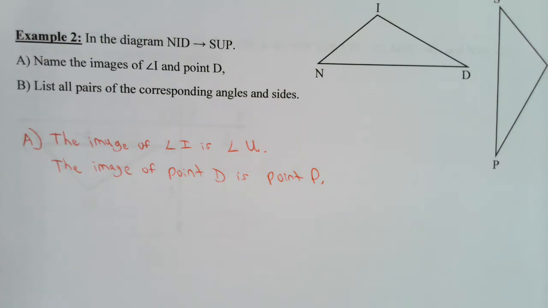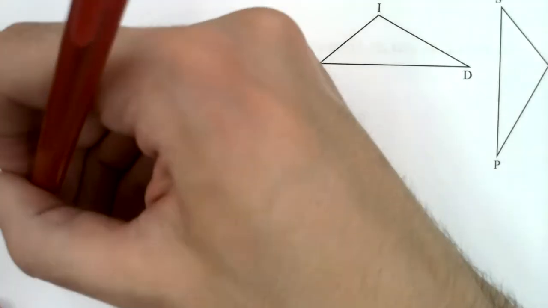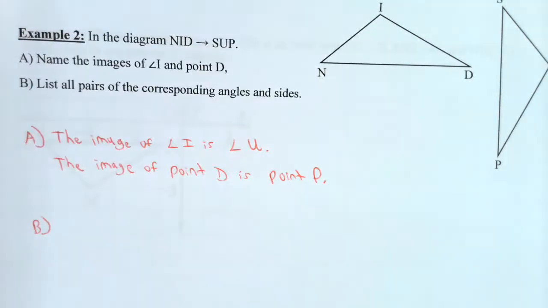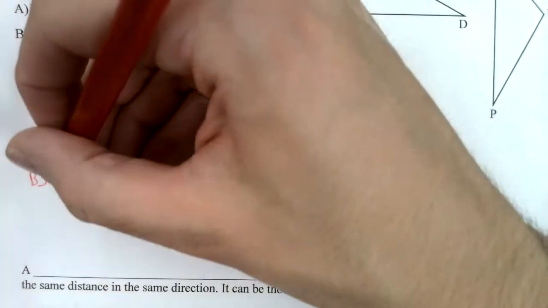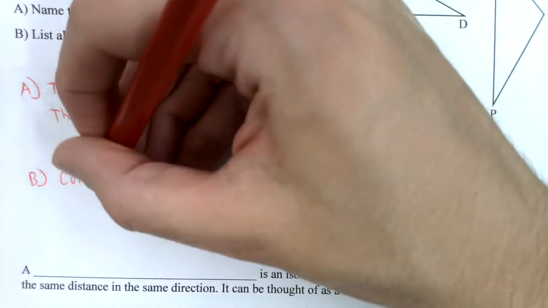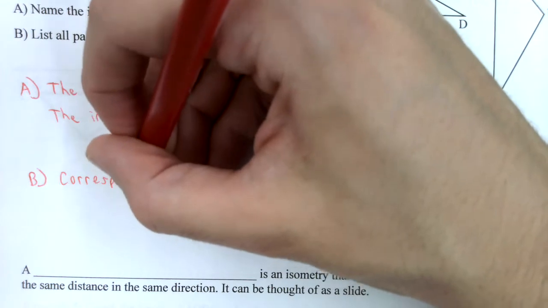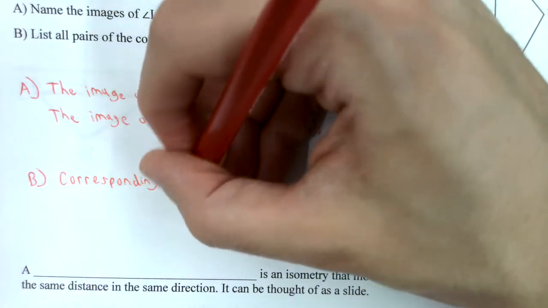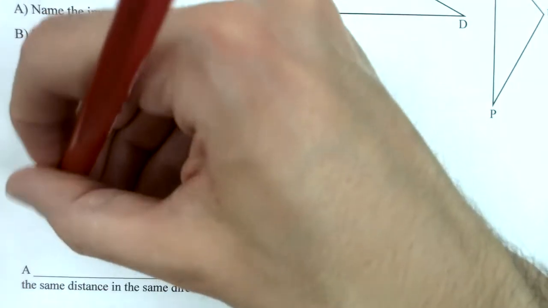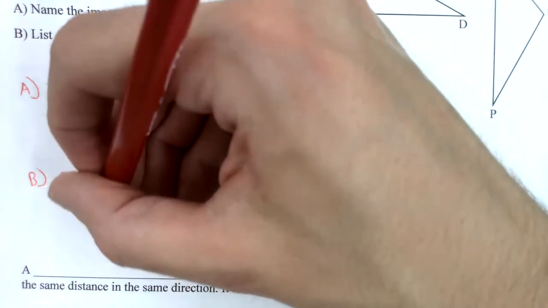List all pairs of corresponding angles and sides. Okay, part B. Let's start with the corresponding angles, and then we'll do the corresponding sides.